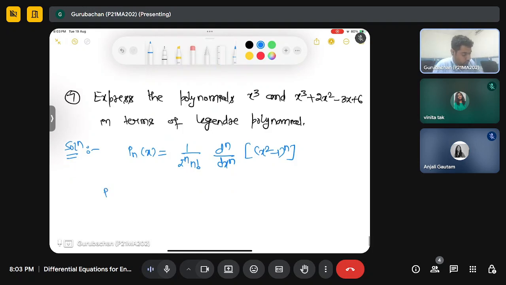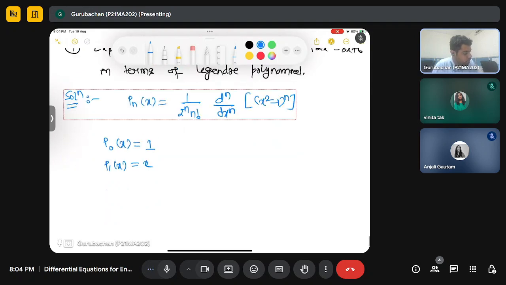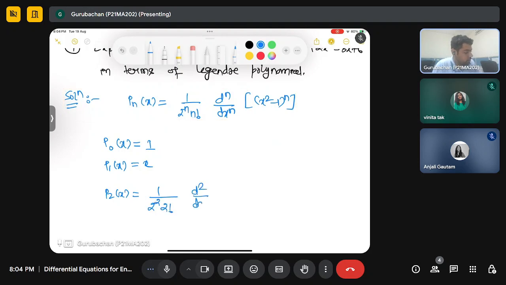So from here P0(x) will be nothing but 1, P1(x) will be x, and if we calculate P2(x), it will be 1 by 2 square into 2 factorial, d square by dx square of (x square minus 1) whole square, and if you solve it, you will get (3x square minus 1) by 2, and P3(x) will be (5x cube minus 3x) divided by 2.